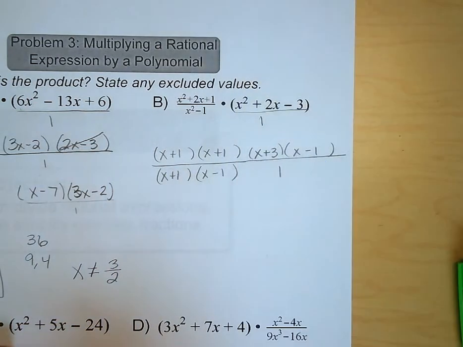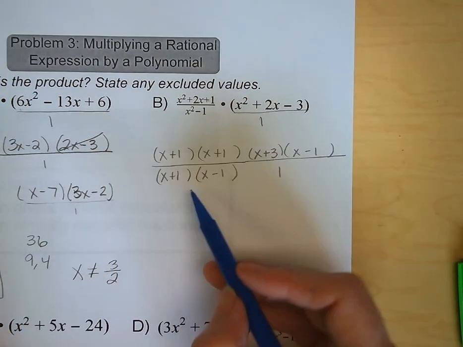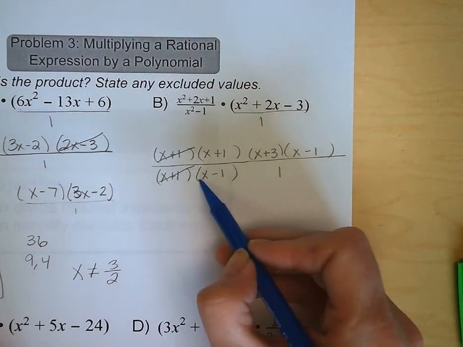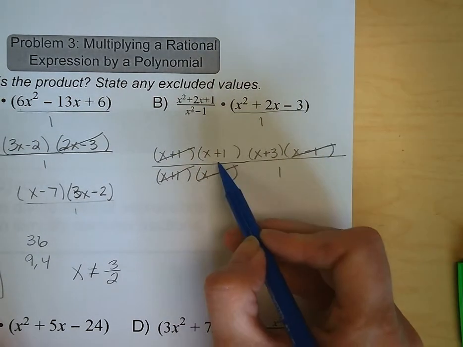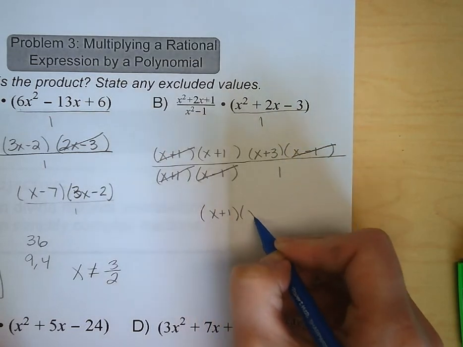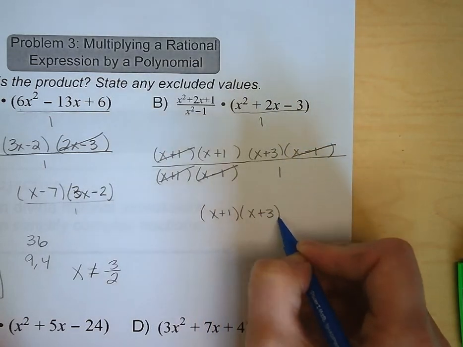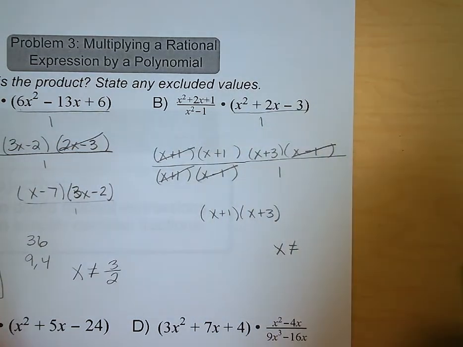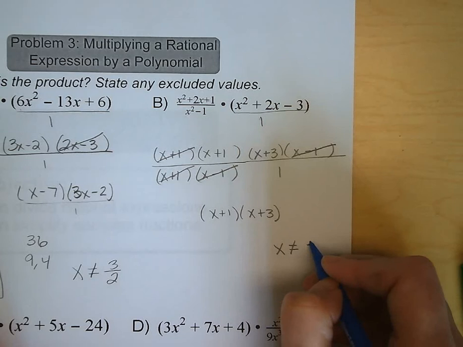So now let's look to see what we can cancel out. Well, one of the x plus 1s cancel, the x minus 1 cancels, and we're left with x plus 1 times the quantity x plus 3, and that is it. It's all over 1. We don't need to write the divided by 1. X cannot equal a positive 1 or a negative 1.